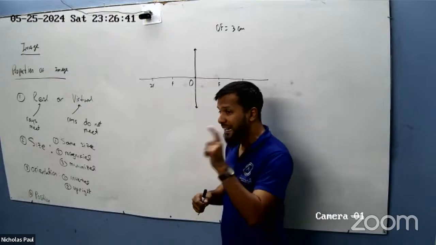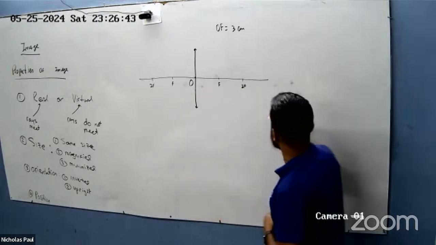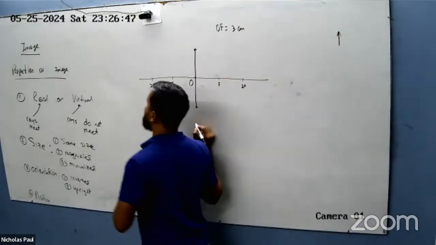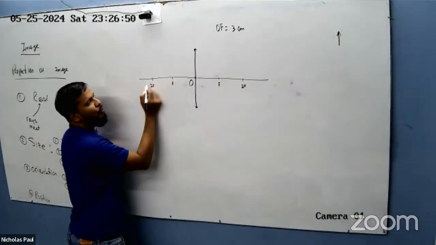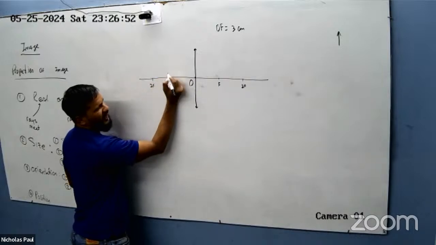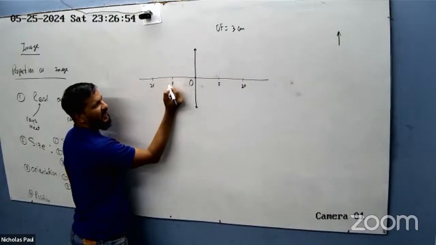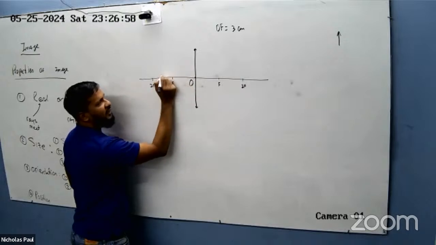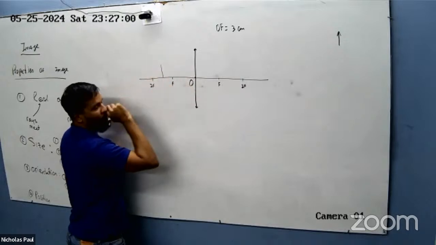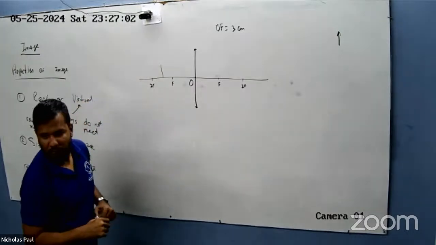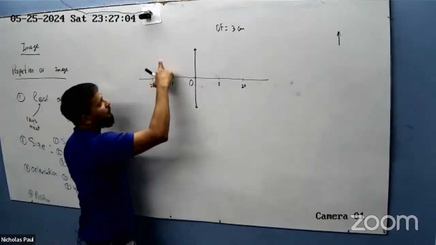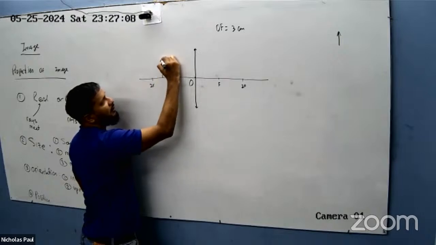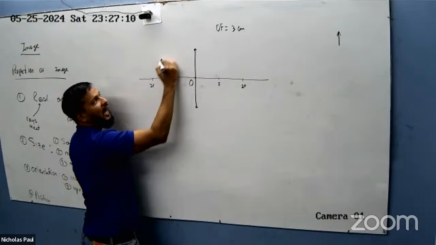Here's what you're doing. You're drawing an image. This is going to be the object. What I want you to do is, between F and 2F, let's say exactly in the middle, so that will be 4.5 centimeters right here. Draw a line 3 centimeters high, including the arrowhead.